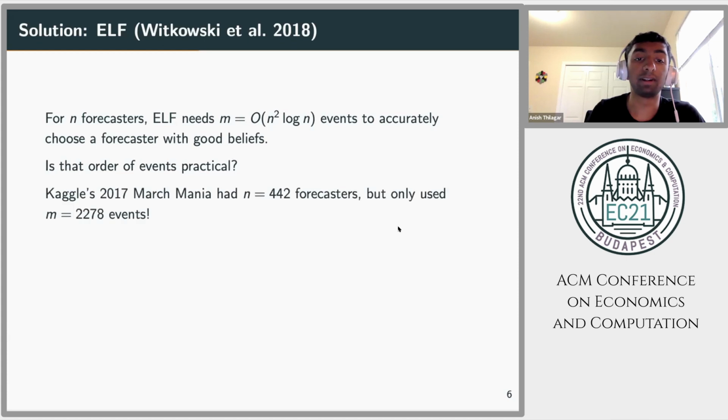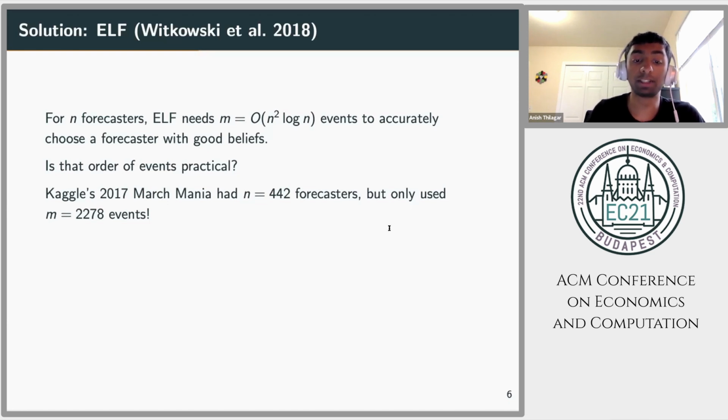Well, let's look at that March Mania competition again. In that one, there were 442 forecasters, but just over 2,000 events. And here, n squared log n is over 1 million. In many Kaggle and other competitions, we often see hundreds or even thousands of forecasters, but nowhere near enough events to account for the n squared log n that ELF needs.